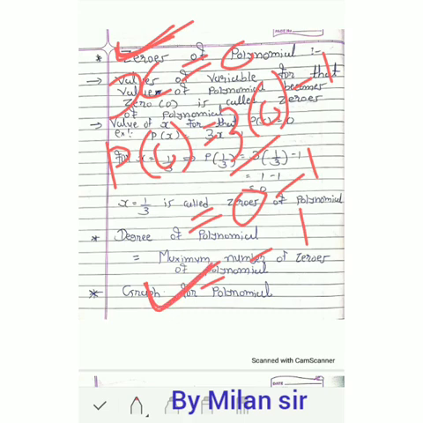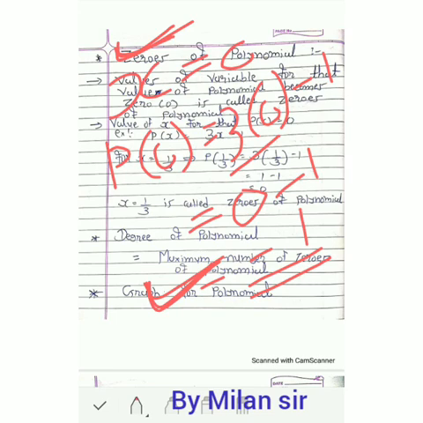But in the definition, what we've written is that for a value of the variable, the value of the polynomial needs to become 0. Here minus 1 is there. It is not equal to 0. That's why it is not called a zero of the polynomial. So just understand the difference between zeros of a polynomial and the value of a polynomial.